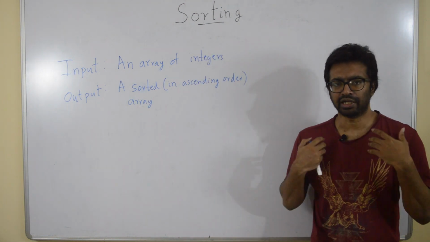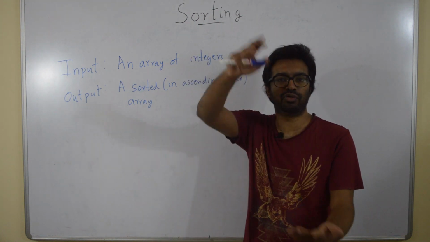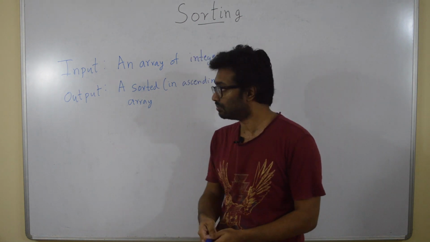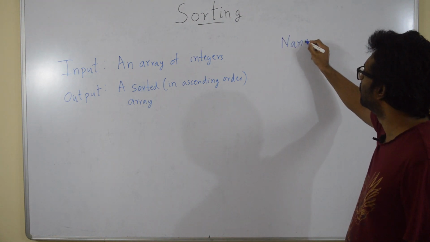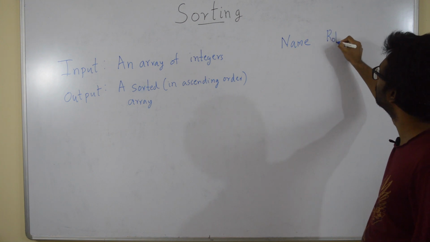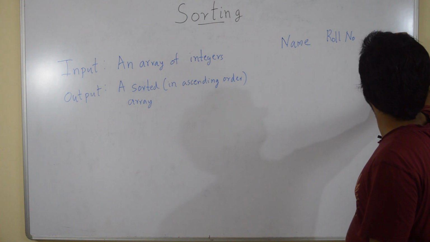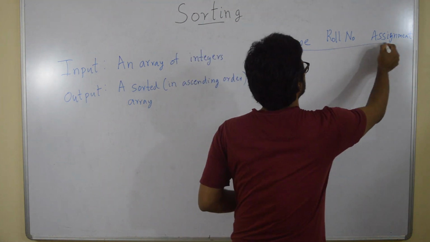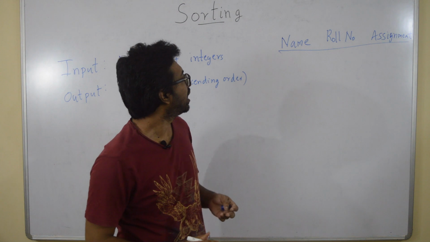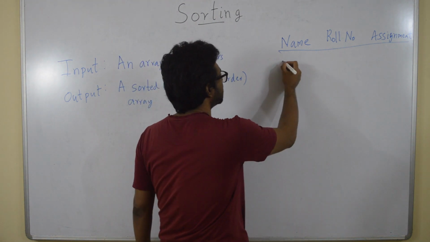For example, since I'm going through your course, I will have all your details. My Excel sheet will be something like this. There will be a name, your roll number, your assignment mark. These are the things that will be there. I'm going to write some arbitrary names here.